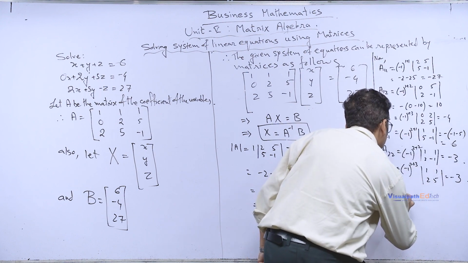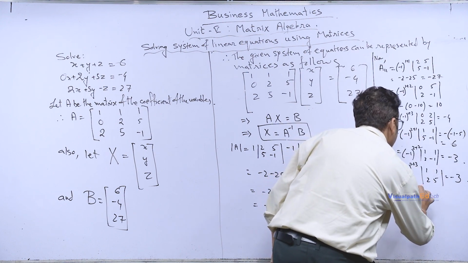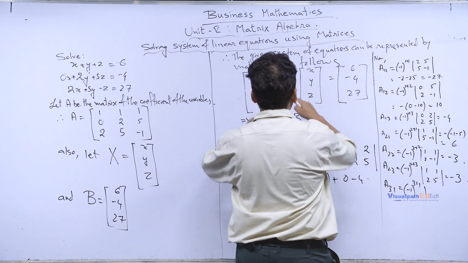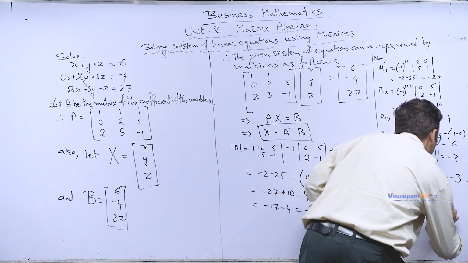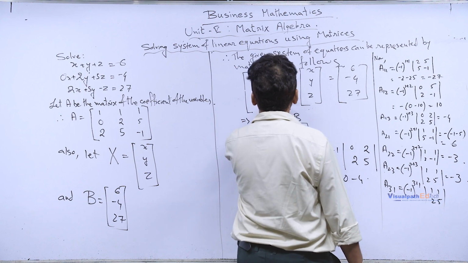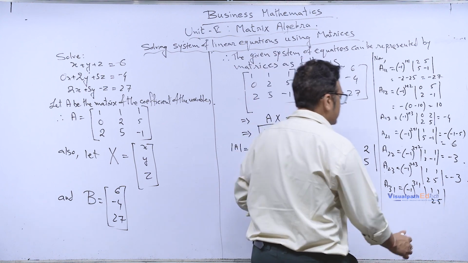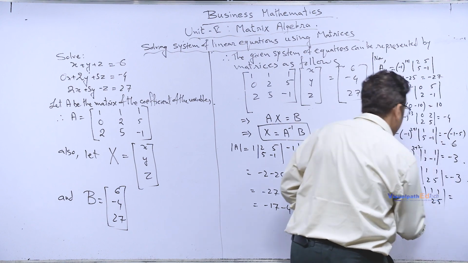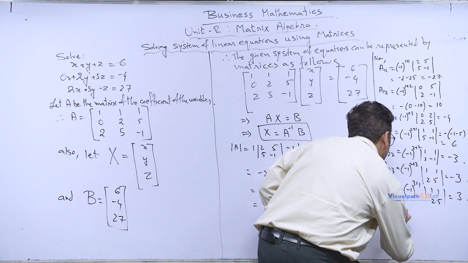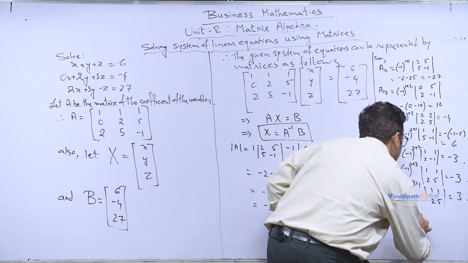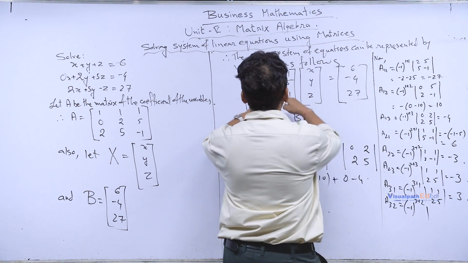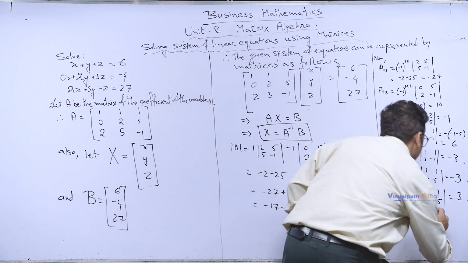A31, 3 plus 1, and then the minor will be 1, 1, 2, 5. This is also same. So this will be equal to 5 minus 2, plus 3. A32, 3 plus 2, and the minor 1, 1, 0, 5.